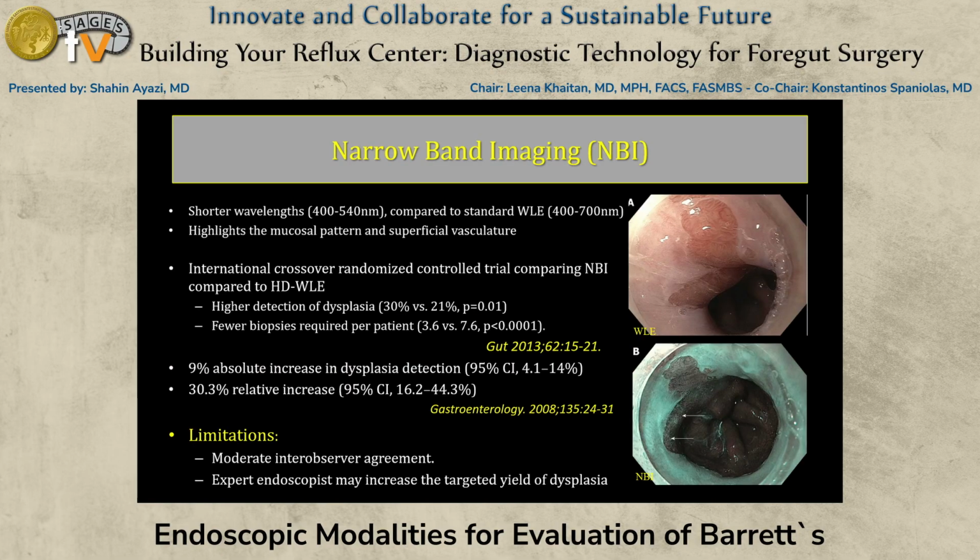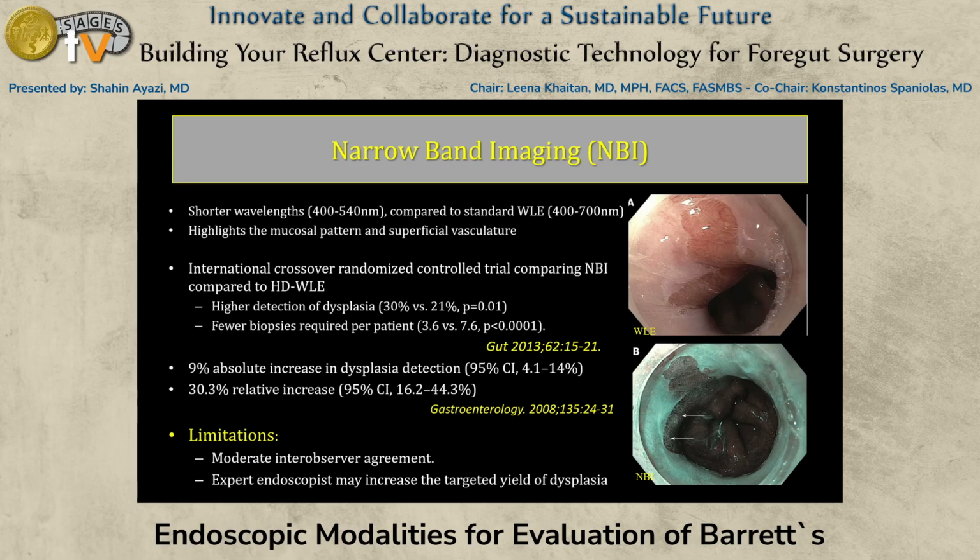risk to the patient. So NBI is developed based on this optical phenomenon that shorter wavelengths have different penetration into the tissue. And since NBI uses anywhere from 400 to 540 nanometers, it is able to highlight the mucosal pattern and superficial vasculature better.